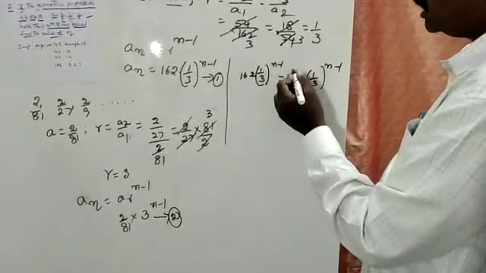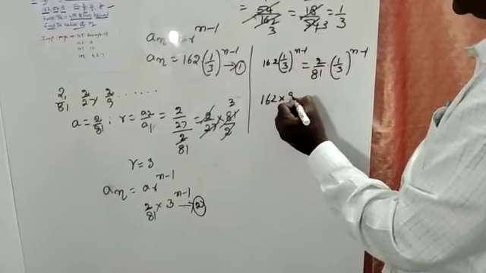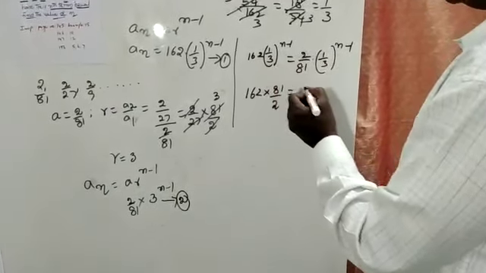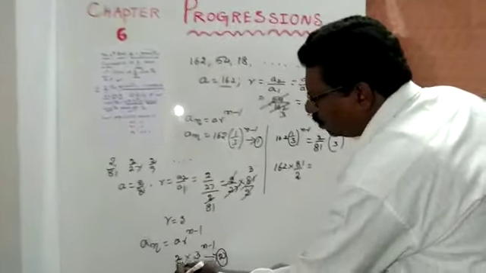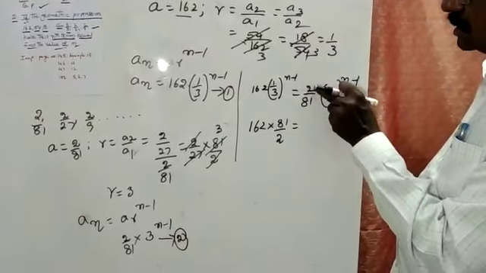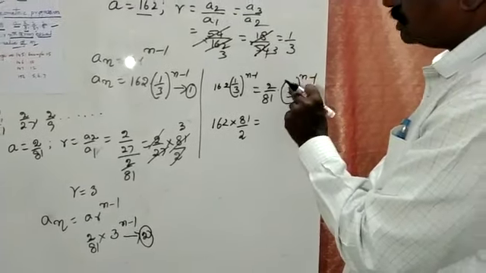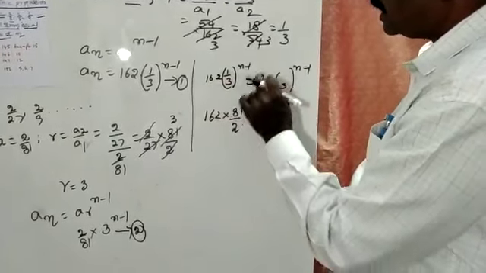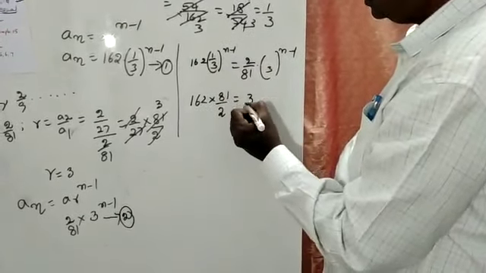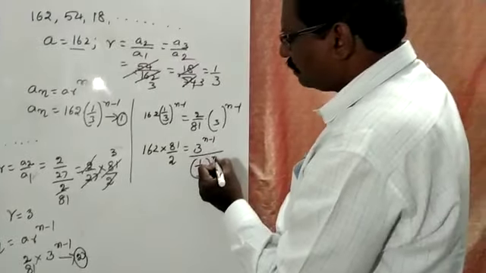So take the constant values to that side. 162 into 81 by 2 is equal to 3 to the power n minus 1 by 1 by 3 whole to the power n minus 1. Here 162, taking to the right side, 2 by 81 becomes 81 by 2.